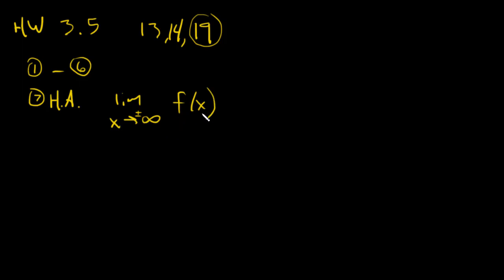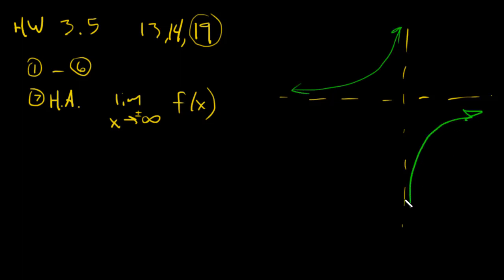Okay? When you find your horizontal asymptote, number 19 is going to wind up very similar to 42, where you're going to have a vertical asymptote and a horizontal asymptote. If the slopes to either side are positive, you're going to wind up with something that looks like this. So that's going to be for a positive slope.